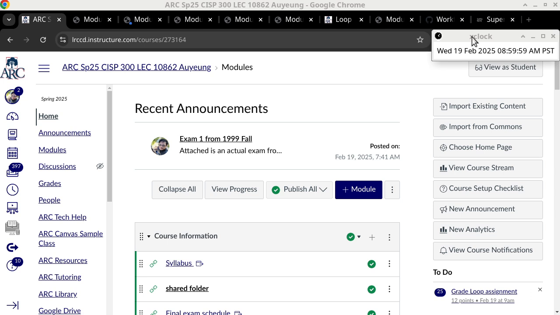All right, and we'll check out the network connection. Hmm, okay, and a few more things.